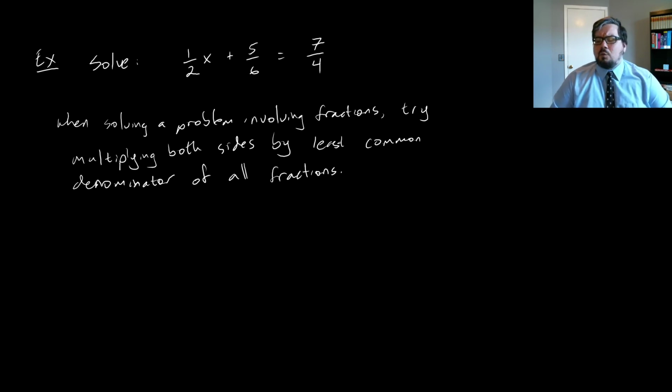Now let's see how that works, and we'll see in a second why this does anything. It might look a little random to begin with, but you'll see in a second this is actually very powerful and very helpful.